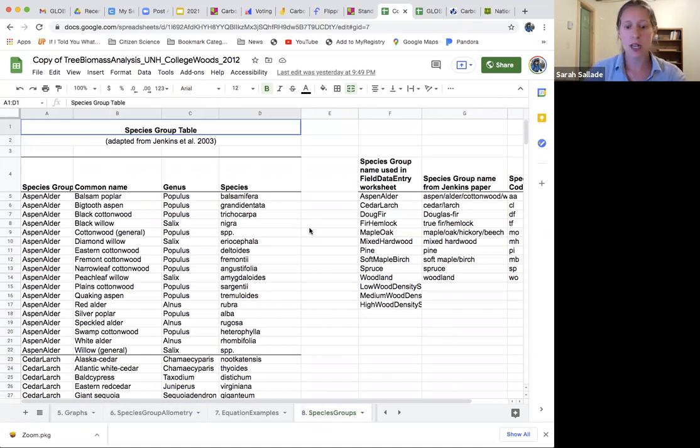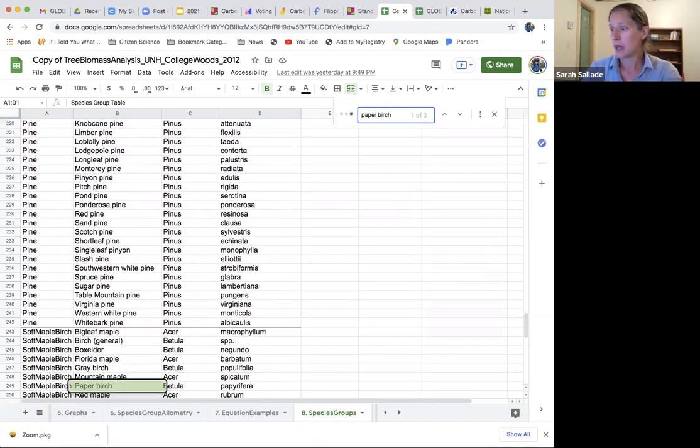So if I use a find function, Command F in Mac, and I want to find out which species group my tree is in, I could type in paper birch, and I find that it comes up in the soft maple birch category, and it's a Betula. So when I'm entering into that data entry section, I would put in soft maple birch as the species group.